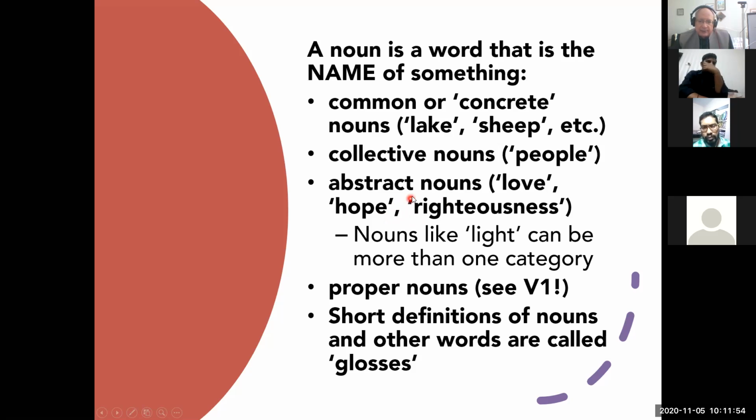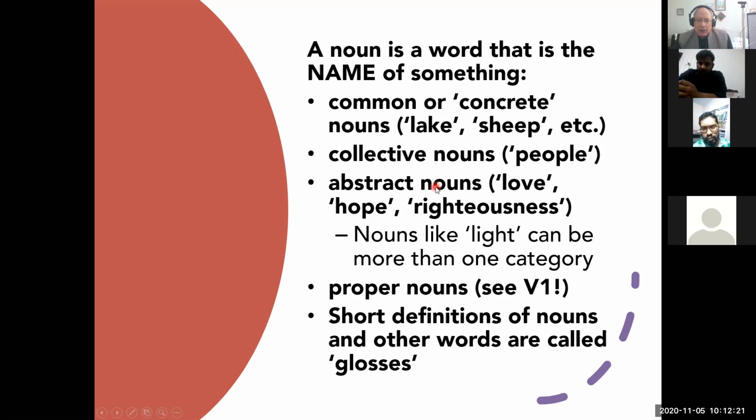All of these nouns have short definitions. We call these short definitions glosses. A gloss is a short definition of a noun. It is wrong to say, for example, that the definition of agape, most people have heard of agape, the Greek word, is love.